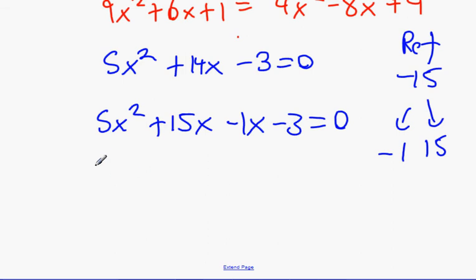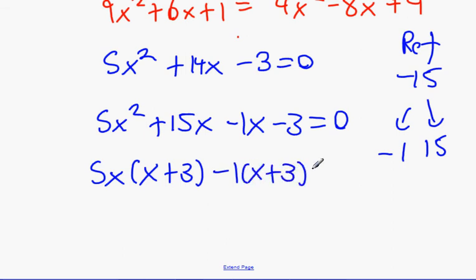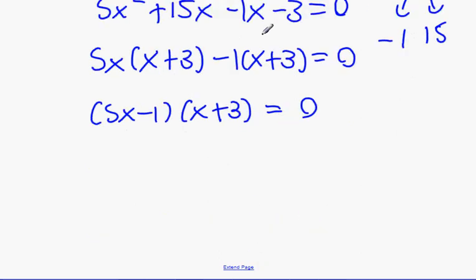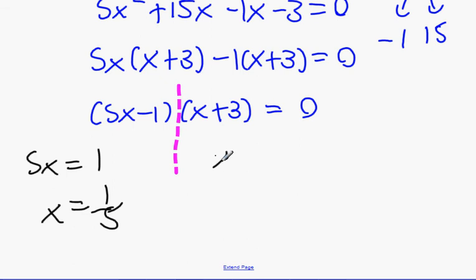Okay, next thing you're going to get is 5x into x plus 3 minus 1 into x plus 3 equals 0. Okay, you're going to get 5x minus 1 bracket x plus 3 equals 0. So what we're going to get is the following. We're going to get 5x equals 1, x equals a fifth, or x equals minus 3.